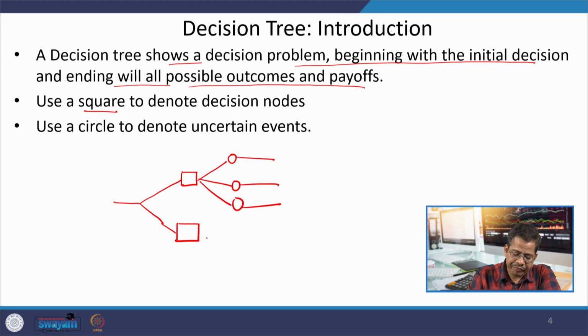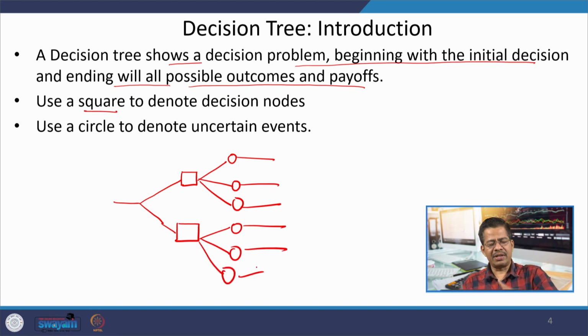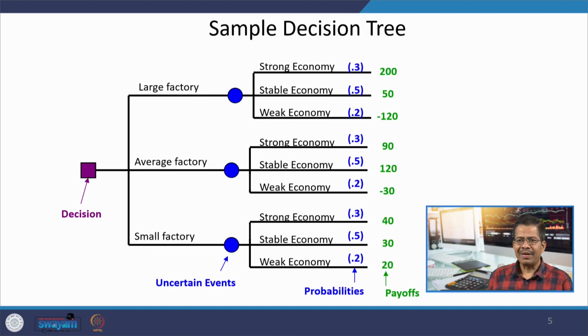Like this. So, this type of tree and its branches will keep developing after every decision node and every uncertain event. Here you see a sample decision tree diagram, where all the important terminologies related to the decision tree are mentioned.